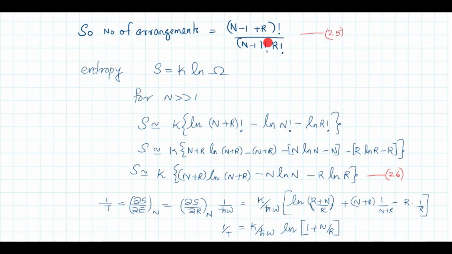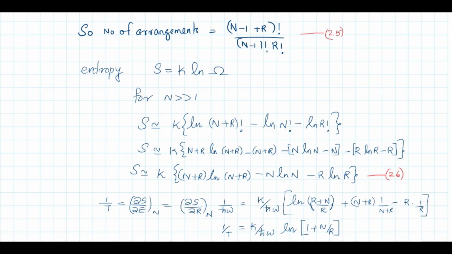Using this number of microstates, we can calculate entropy, S equal to k log omega. And when n is very much greater than 1, you can neglect this minus 1. So this becomes (n plus r) factorial. The logarithm of that quantity using Stirling's approximation gives (n plus r) log (n plus r) minus (n plus r).